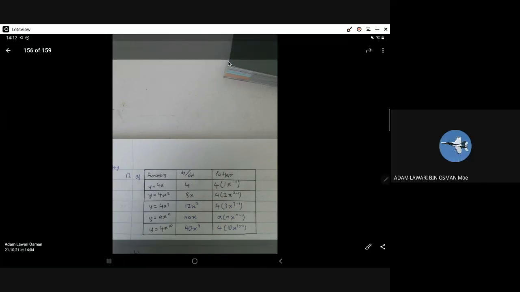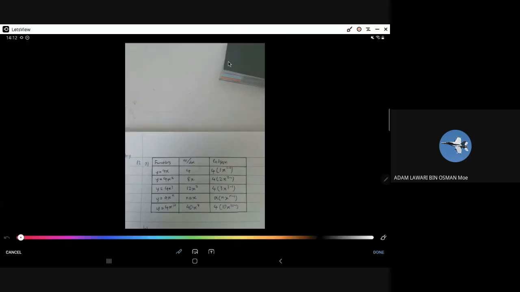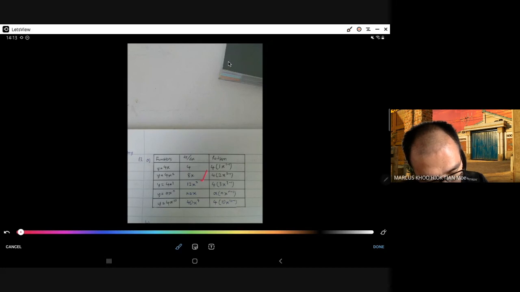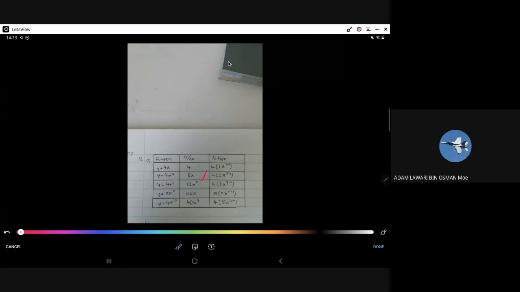I differentiate y equals x squared and y equals x to the power 3. I got 12x squared. And then I separate, I get 4 in bracket 3x to the power 3 minus 1.